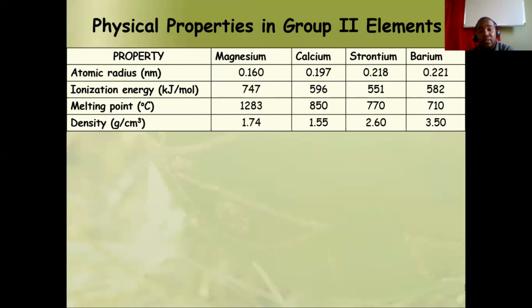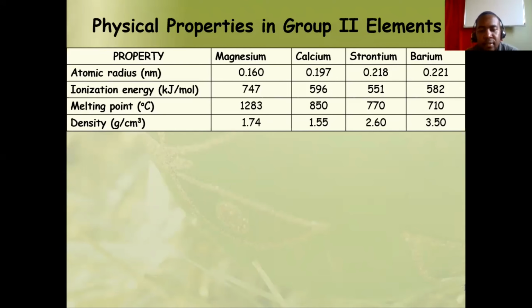All right, melting point. We notice going down the group, the melting point reduces, and it's the same explanation. What would be the reason why it's going to be easier to melt?